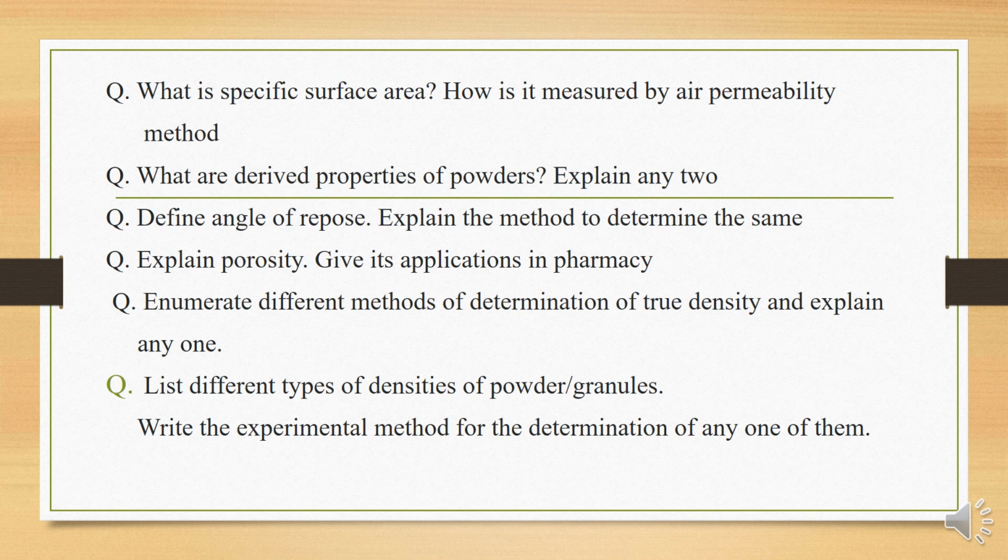First we get the fundamental properties, which are size, diameter, etc. Derived properties we get with the use of fundamental properties. That's why derived properties are important in pharmacy. You can write about porosity, bulk density, flow property, etc. In this question they are asking about any two. So you can write the true density or the flow properties, no problem.